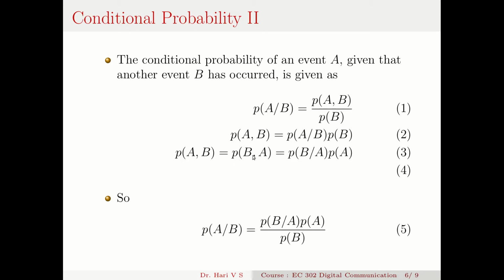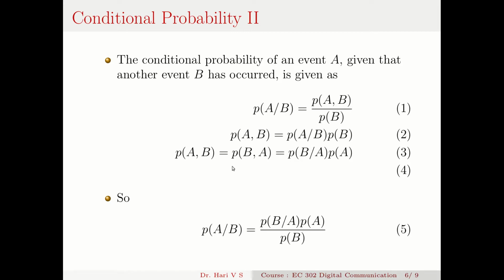So what is P(B,A)? If I change these variables, you can see that it is P(B|A) into P(A). This is P(A|B), and this is P(B|A). Now you must understand that P(A|B) is not the same as P(B|A). There are two different things.